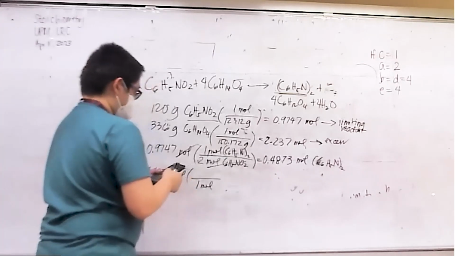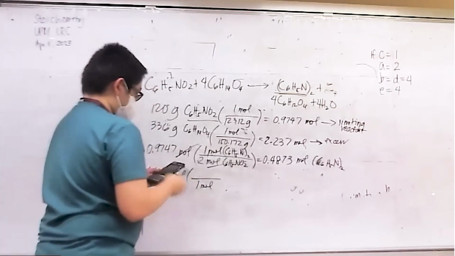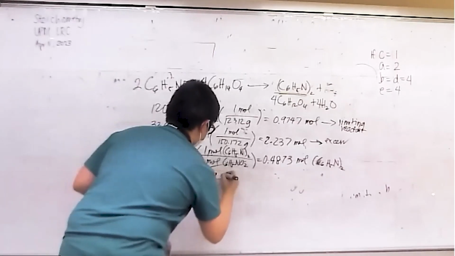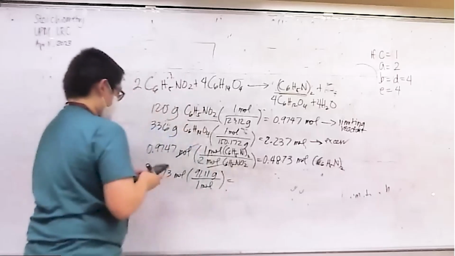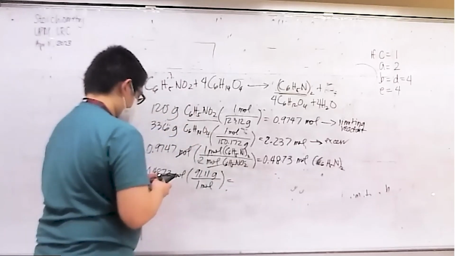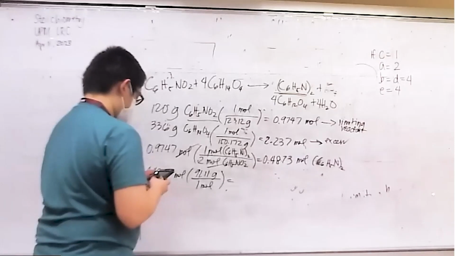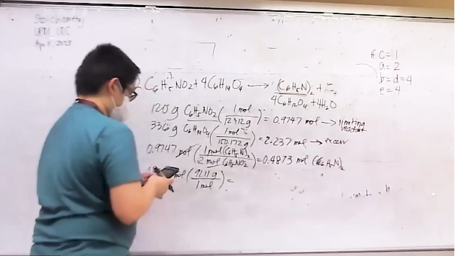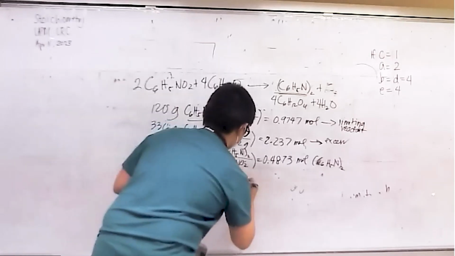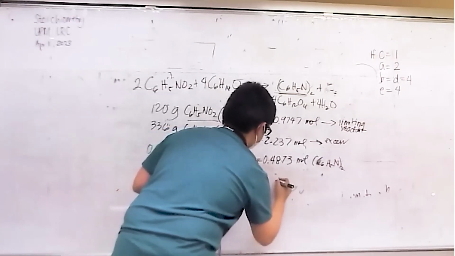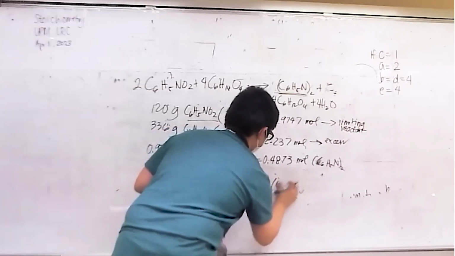So that's around 91.11 grams. So multiplying the earlier value by 91.11 grams, you get around 44.40 grams of azobenzene.